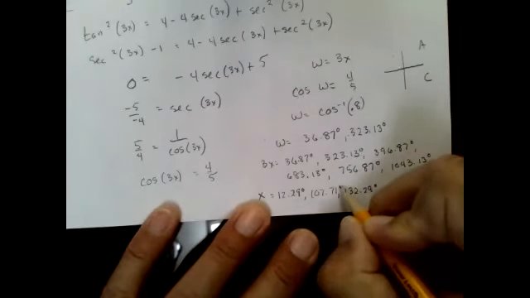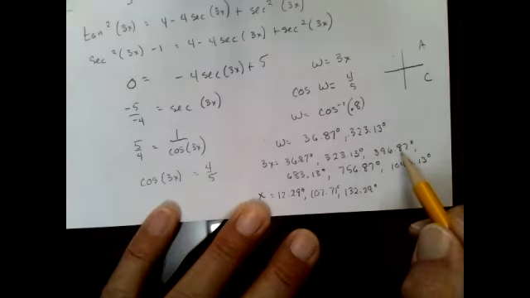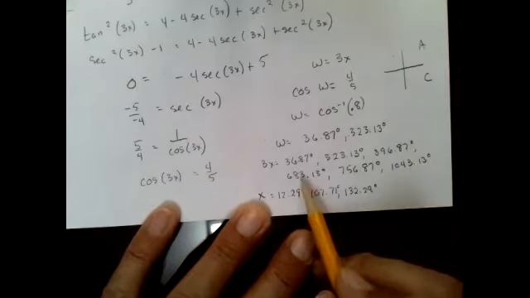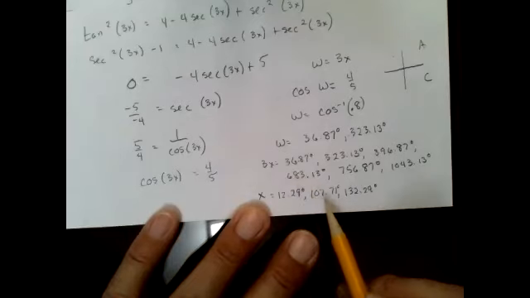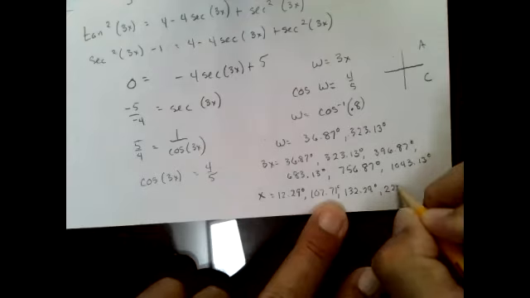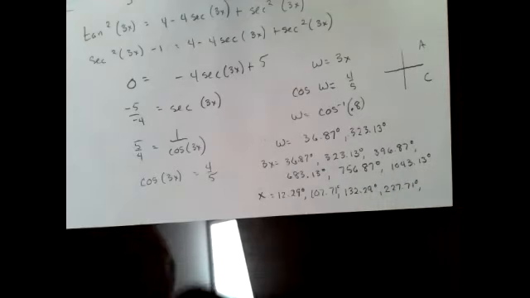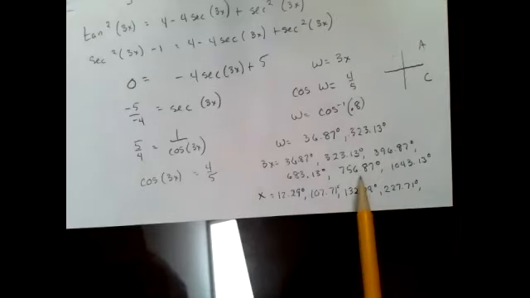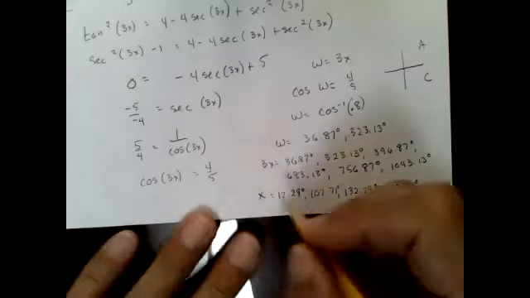132.29. That's the 396.87 divided by 3, same as adding 120 onto this. 227.71 degrees. I'm running out of paper. This guy divided by 3, 252.29.